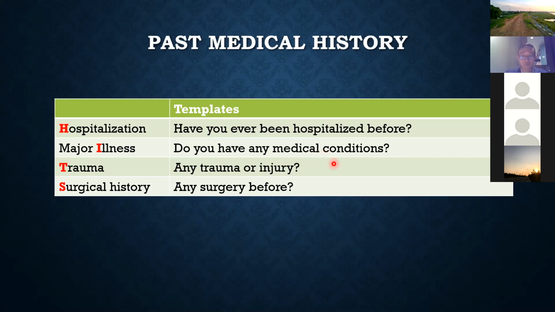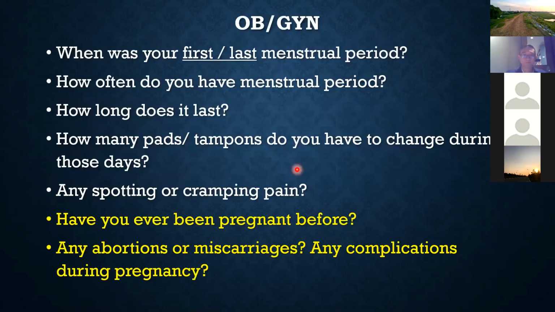Okay, so the better word is medical conditions or medical issues. Okay. And the OB/GYN, we have 2 parts here, OB and GYN. The first 5 parts are GYN, and the first 2 parts are OB.